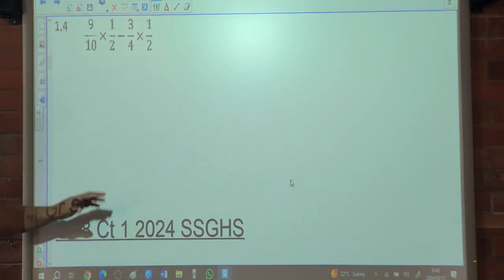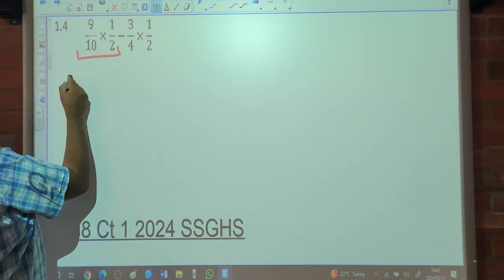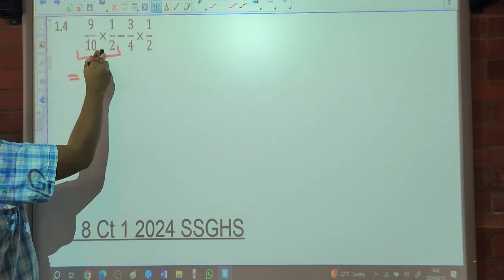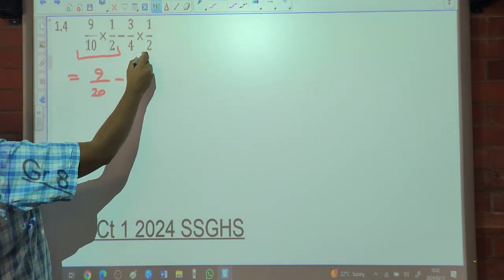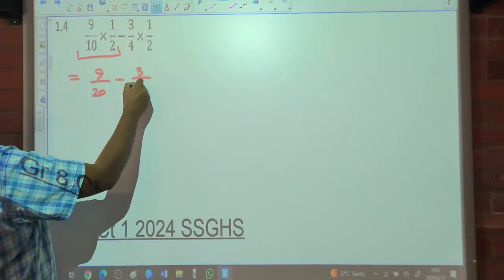Alright, so we have 9 over 10 multiplied by half minus 3 over 4 multiplied by half. What needs to be done first? Multiplication according to BODMAS. Is there anything that can cancel here? No. So it's 9 over 10 times 2 is 20 minus. Anything cancel there? No. 3 times 1 is 3 over.